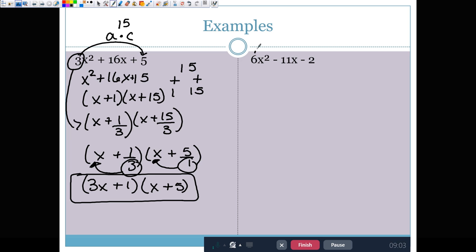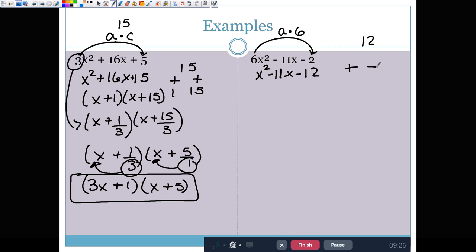Alright, so we're going to be multiplying a times c. So that's going to be 12. I'm going to replace c with 12 and make a 1. So this is just factoring like we were factoring beforehand. So I have a negative, negative. So what do my signs have to be?